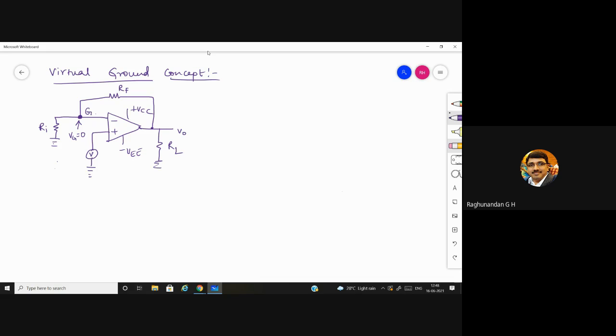But when you measure the voltage at this point, this will be showing the same voltage that this voltage source is going to give. If it is showing 2 volt, the voltage at this node will be 2 volt. Now if you are making it 5 volt, this will also show 5 volt.